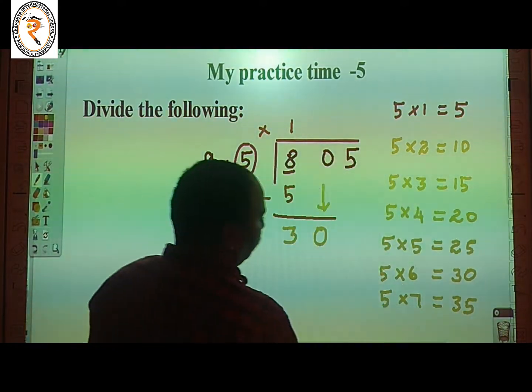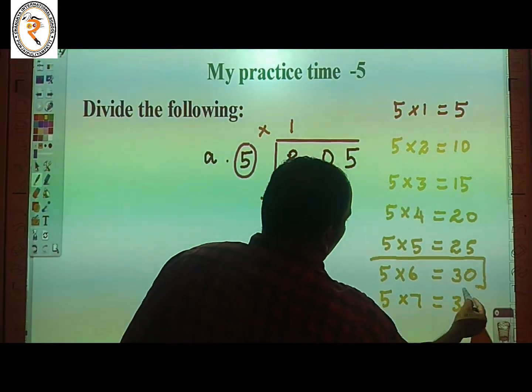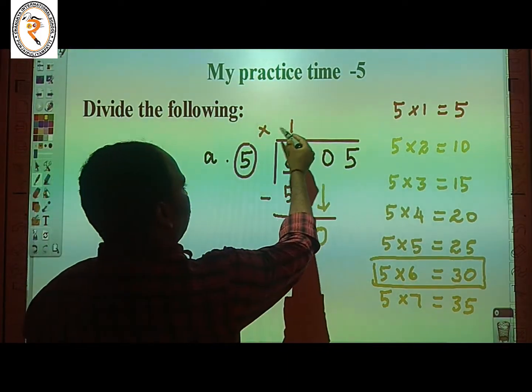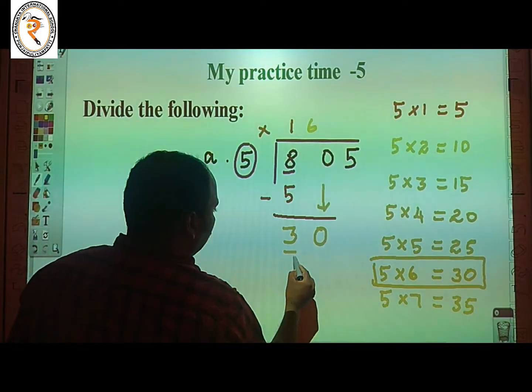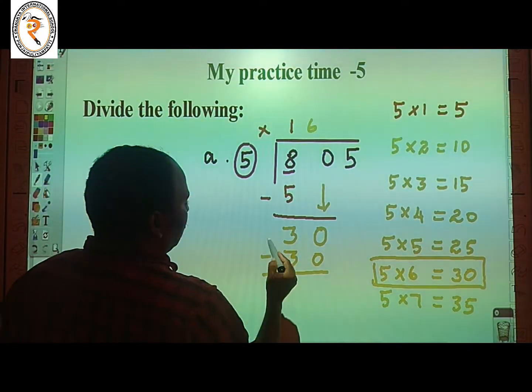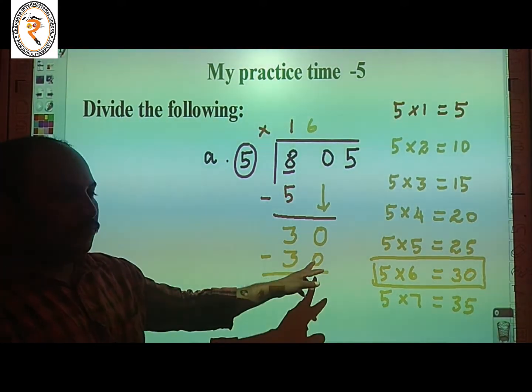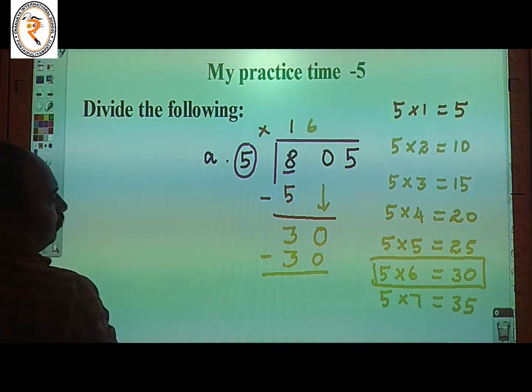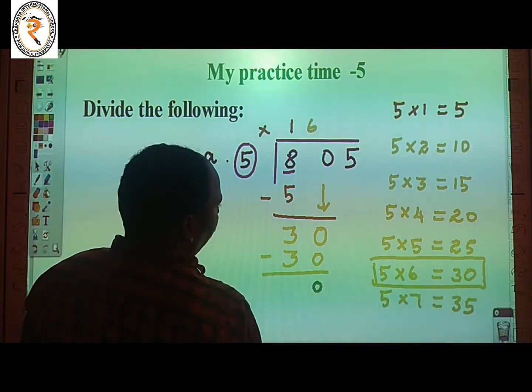We need only 30. So 5 6s are 30. 5 into 6 is equal to 30. Next we subtract: 0 minus 0 is 0. 3 minus 3 is equal to 0. So our answer is 0.